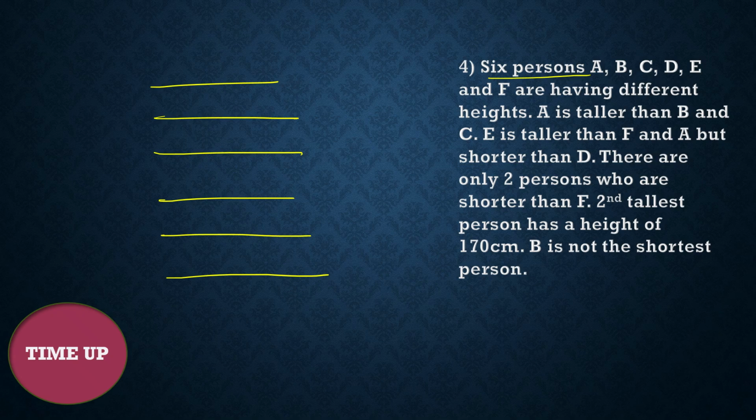A is taller than B and C. E is taller than F and A, but shorter than D. There are only 2 persons who are shorter than F. That means F should be placed here. Correct?